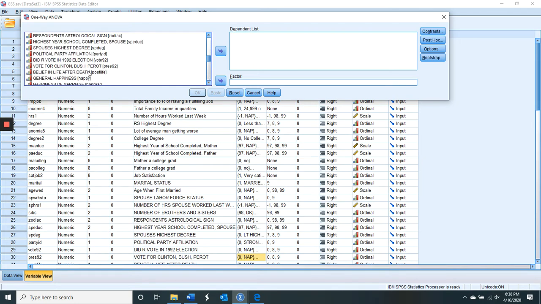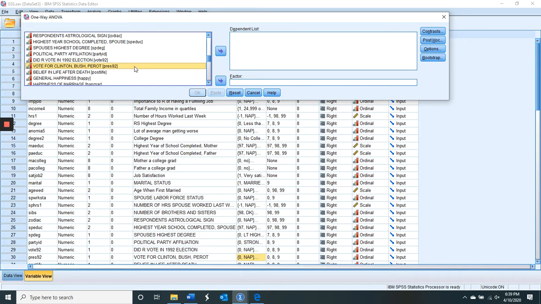In that year, there were 3 major candidates: Bill Clinton, George H.W. Bush, and Ross Perot. So there were basically 3 major candidates that people were voting for.